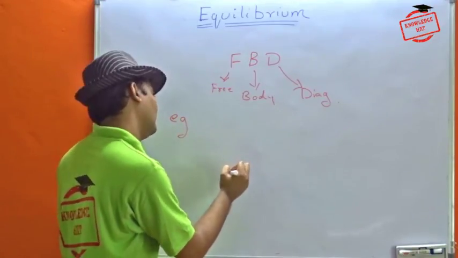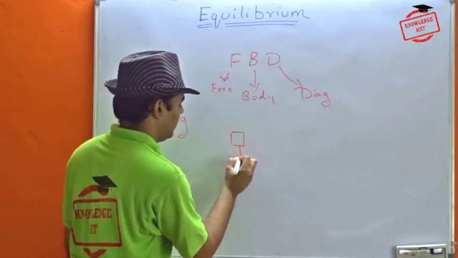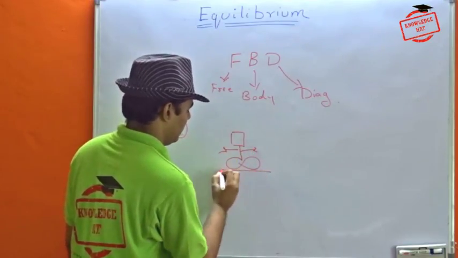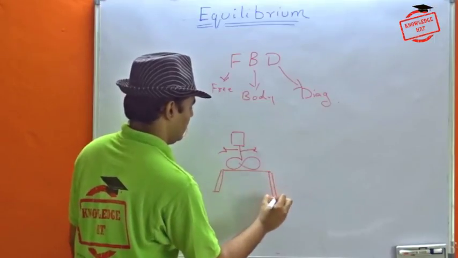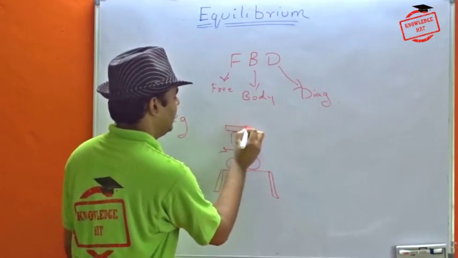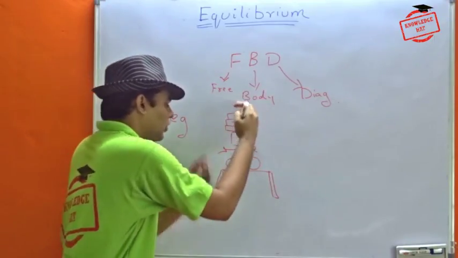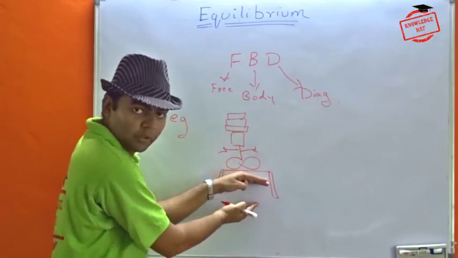Suppose we have Salman Khan sitting here with three books on his head and he's sitting on a table.